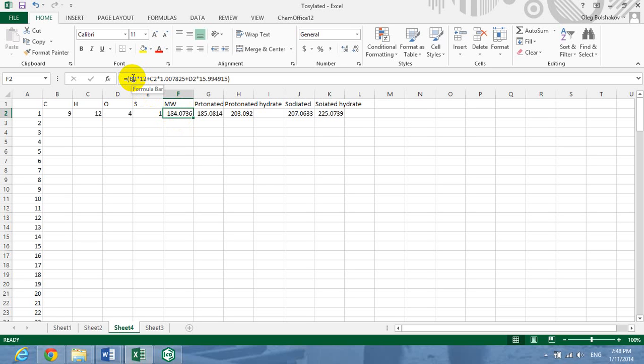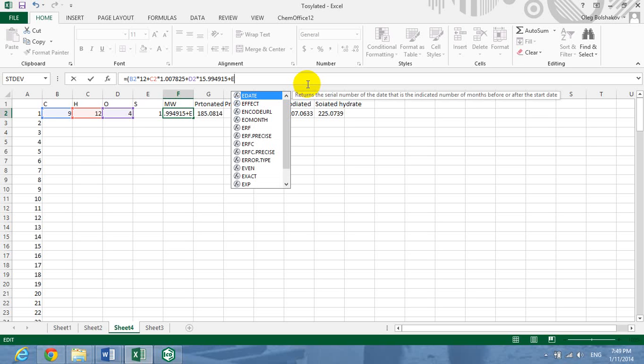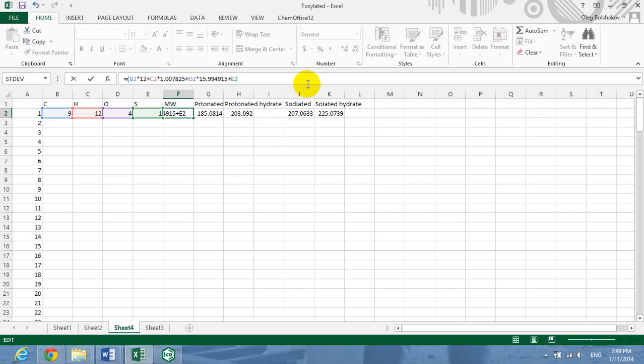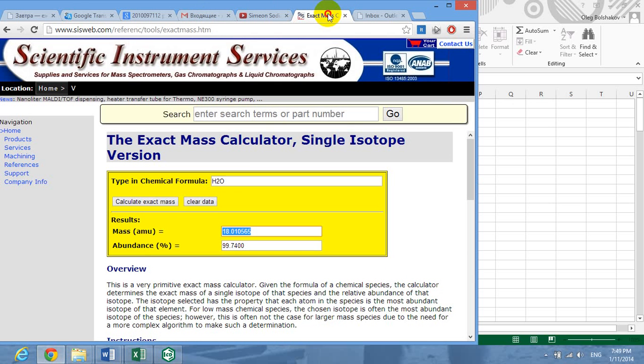We're gonna leave carbon B, hydrogen C, and oxygen D columns, but we also are going to add this sulfur column, the E column. Since we have 1, yes, E2, and we are going to multiply it on the atomic weight of this sulfur using the very same program that I showed you before.